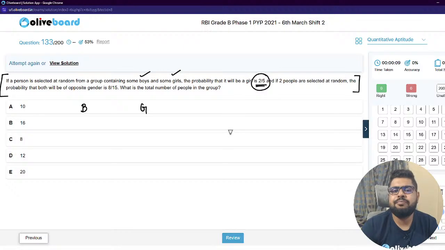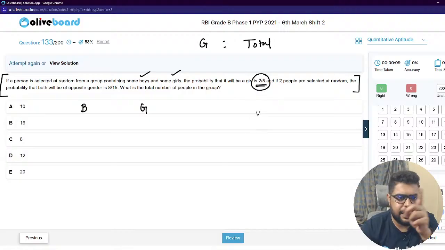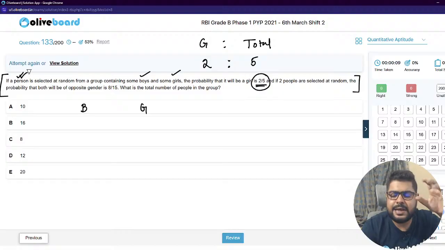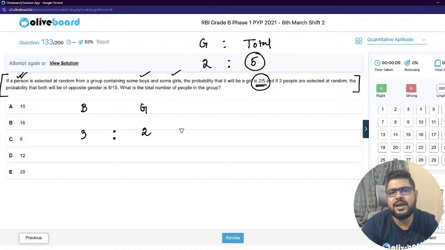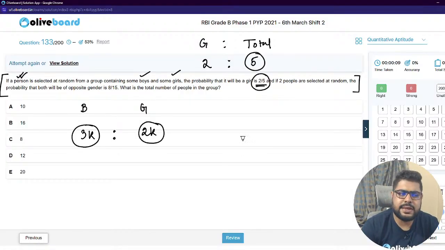Please understand, the girls to total ratio is 2:5, because I am selecting only one person. So this is 2 and total 5 means boys are 3, sir. So this is the boys and girls ratio. Now I don't know how many people, so I am taking 3k and 2k: boys are 3k and girls are 2k, sir.